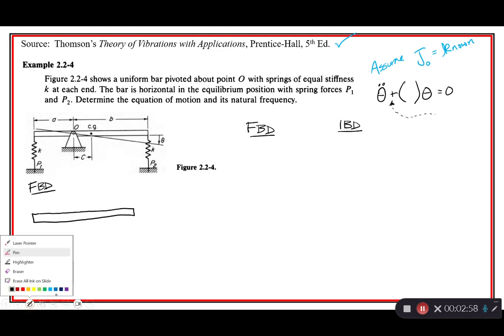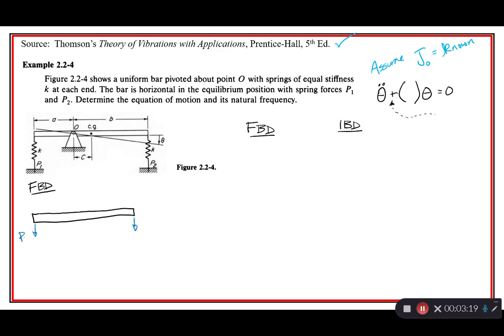The question is, when it's in this equilibrium position, are the P1s that they're describing going up or going down? I decided that they were going down because they're going to be in tension.